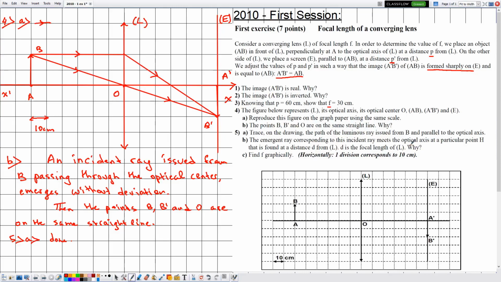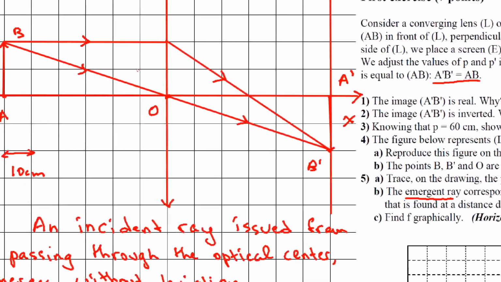Now in part B, they are telling me that the emergent ray corresponding to this incident ray meets the optical axis at a particular point H that's found at a distance d from L. d is the focal length of L. So the emergent ray, which emergent ray? This is the emergent ray.